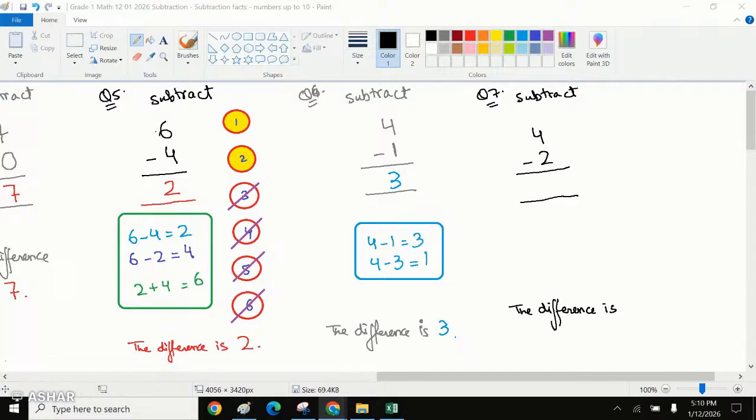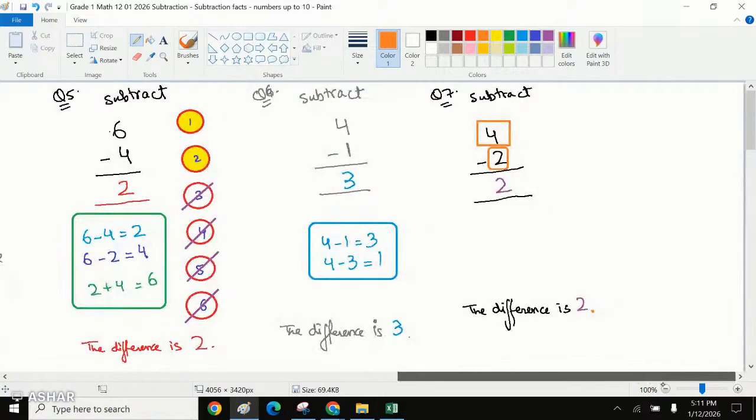So how many are you left with? 4 minus 2 should be equal to? Thank you, Adibai. That means 4 minus 2 would be, you're left with 2. And that means the difference of the two numbers is, this was our first number minus the second number, right? 4 minus 2, and your answer is 2. Thank you, Princely. Okay. So the difference between these two numbers is 2.